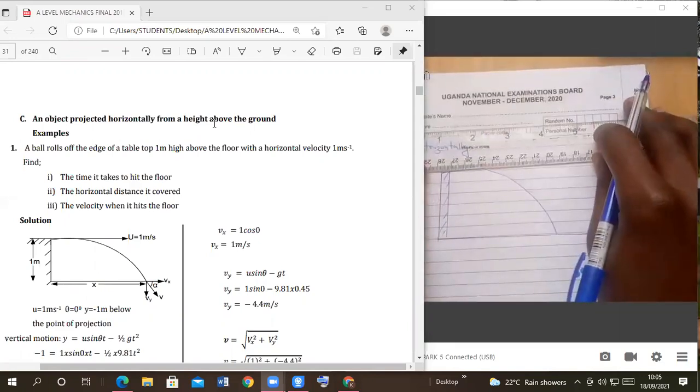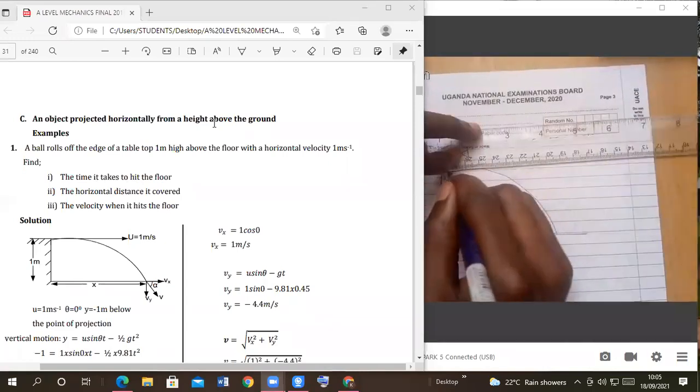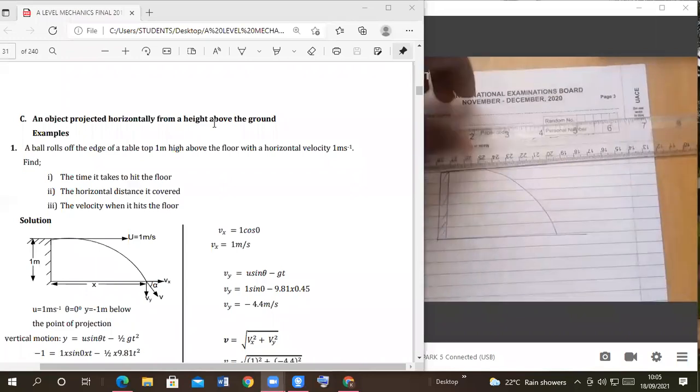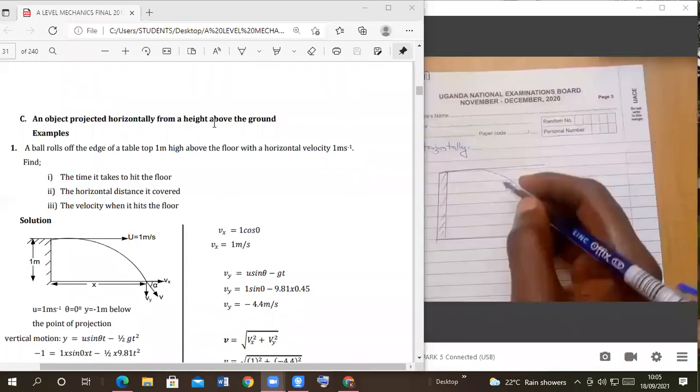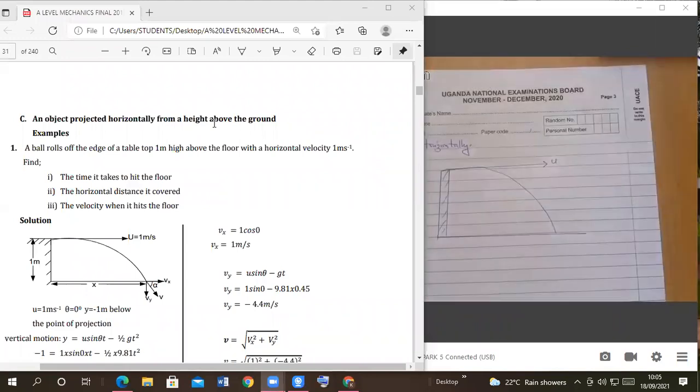This one we can normally see with jet fighters, if they are throwing bombs. The plane will continue moving horizontally. So this is our initial speed.